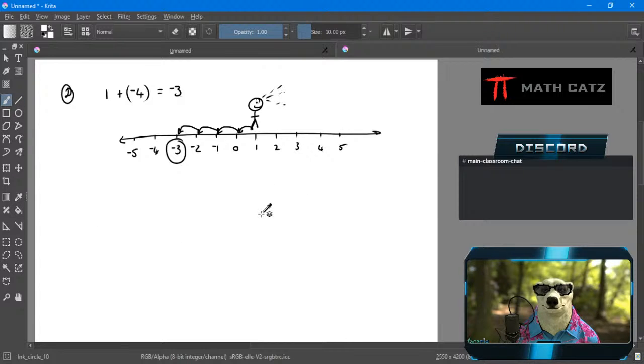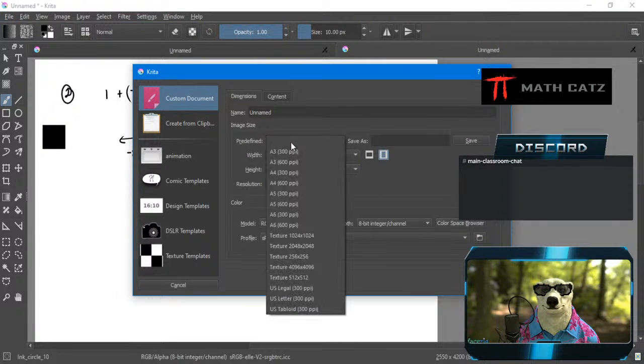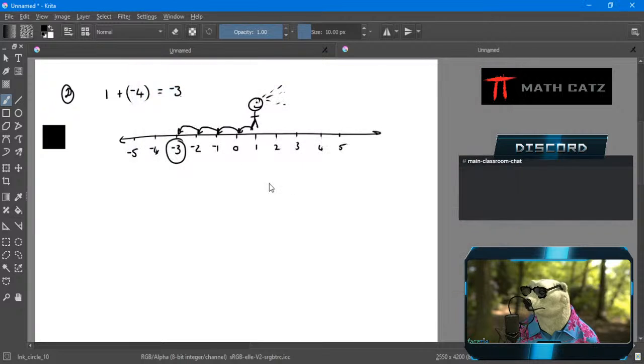And then I'm stepping according to the second number. And if the second number is a negative number, that's the opposite of its positive counterpart, which means I step backwards.